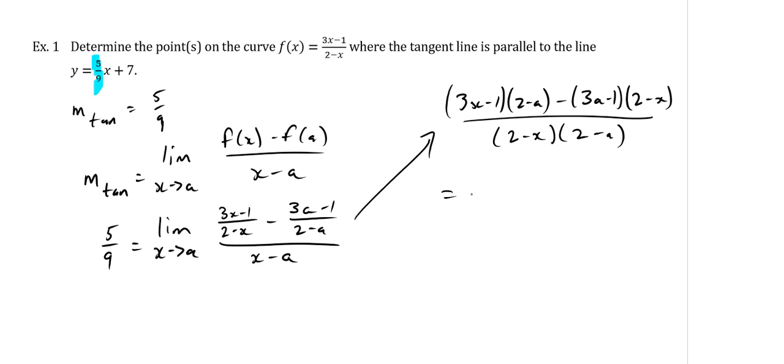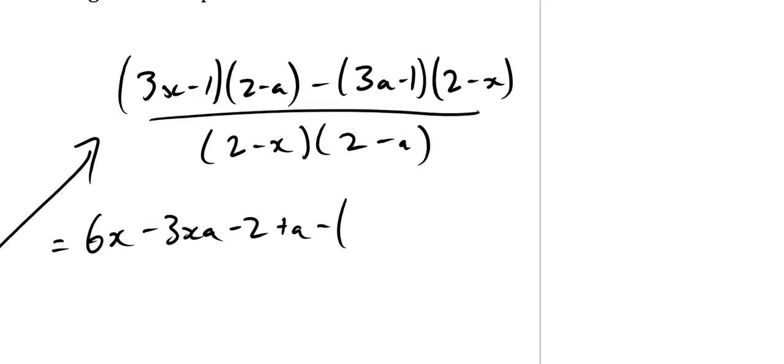Okay, so this is kind of a disaster, but let's expand it. 3x times 2 is 6x. 3x times negative a is minus 3xa. Negative 1 times 2 is negative 2, and negative 1 times a is positive a. Minus bracket 3a times 2 is 6a. 3a times negative x is minus 3ax, minus 2 plus x.